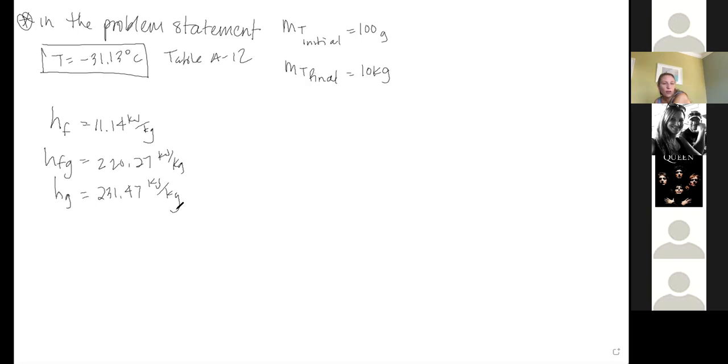So we don't really know what enthalpy to choose, and it's probably based on our specific volume, which is between our saturated liquid and our saturated vapor. It's probably going to be a value somewhere in between. But we don't know how to find that without using the equation where our enthalpy is equal to the enthalpy of our saturated liquid plus our quality times the enthalpy of our saturated liquid vapor.